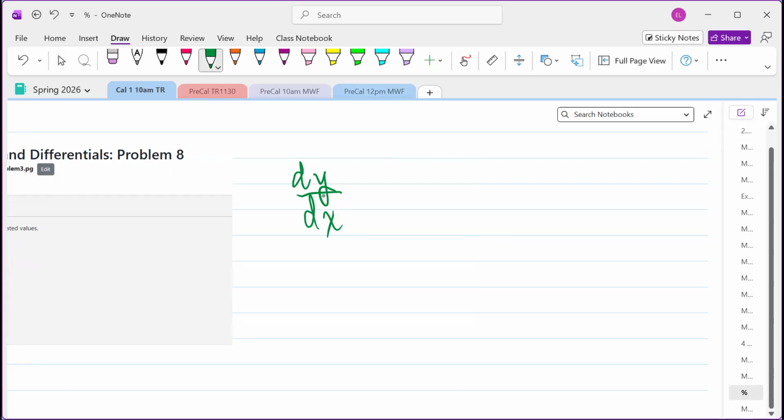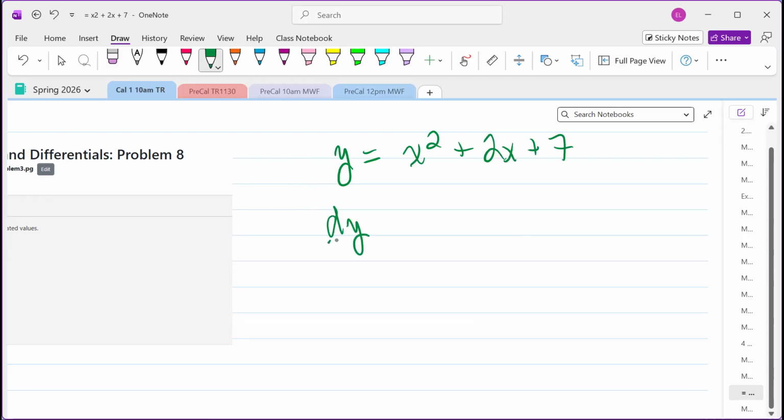All it really is, though, is a notational shift. Let's say y equals x squared plus 2x plus 7. If I'm going to take the derivative like normal, dy dx, then that would be 2x plus 2.